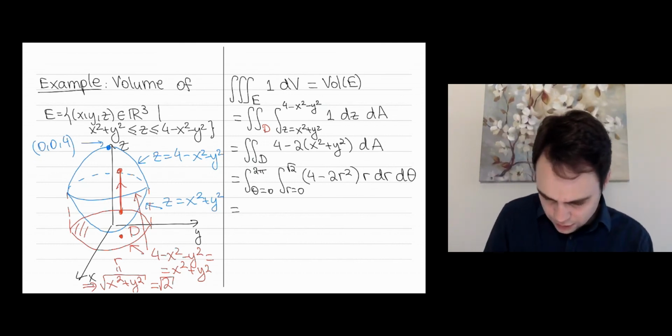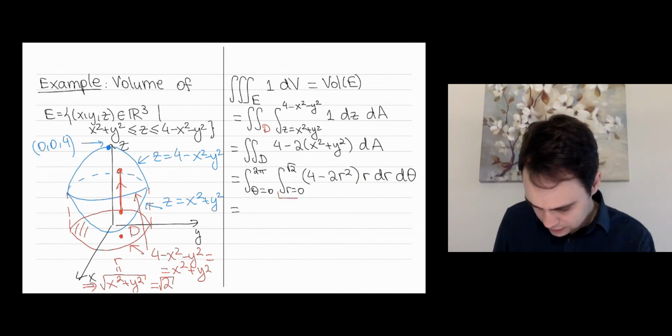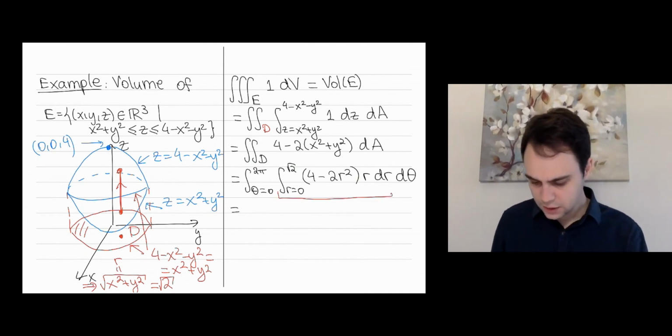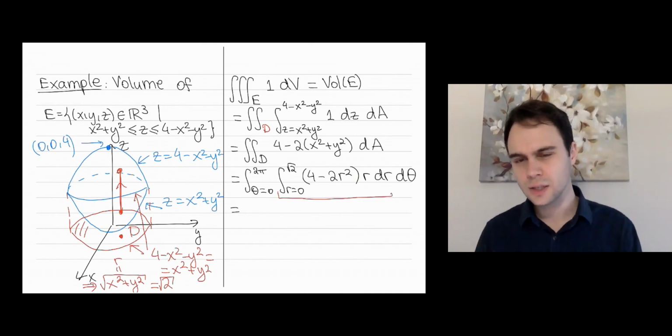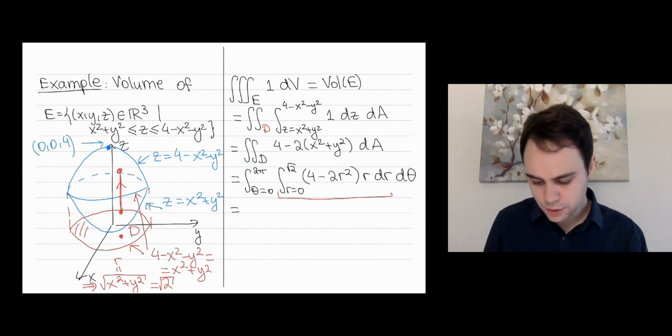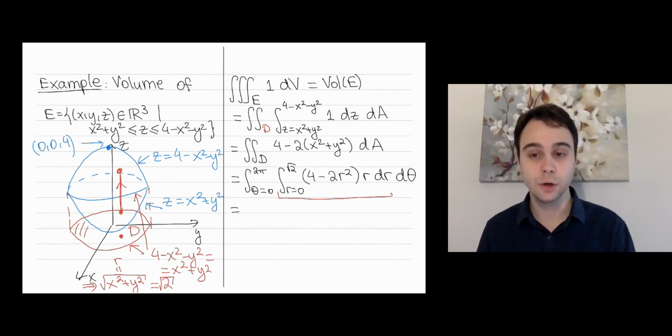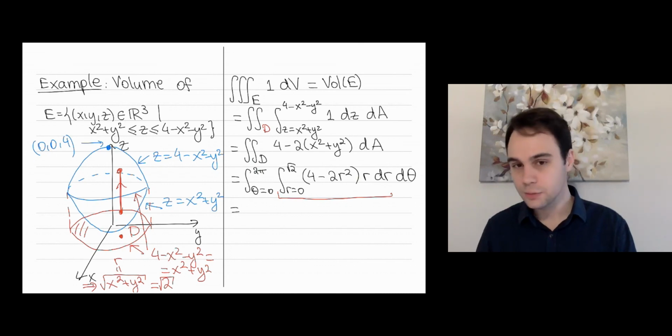So first, can you guys see that in this integral with respect to r, neither the bounds nor the function of r we're integrating depend on theta, so the answer of this inside integral is going to be a number. It won't be a function of theta.